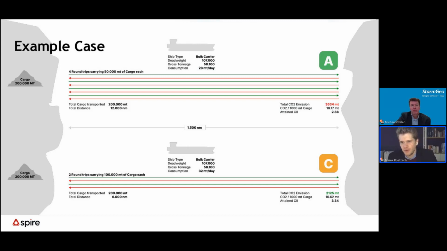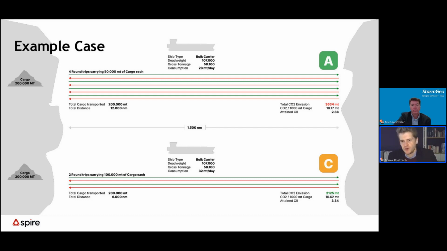And to illustrate that point, one thing that is obviously true is that the total amount of cargo that will be transported doesn't suddenly change just because of the introduction of the CII regulation.